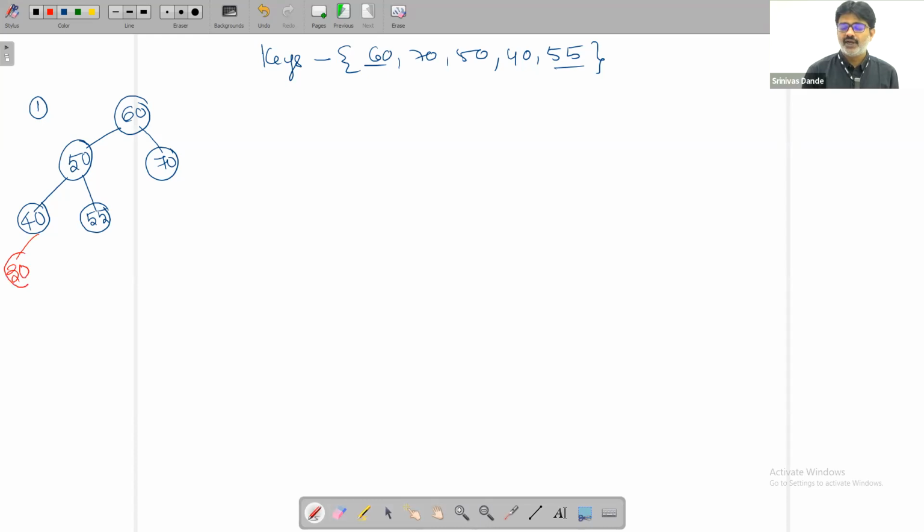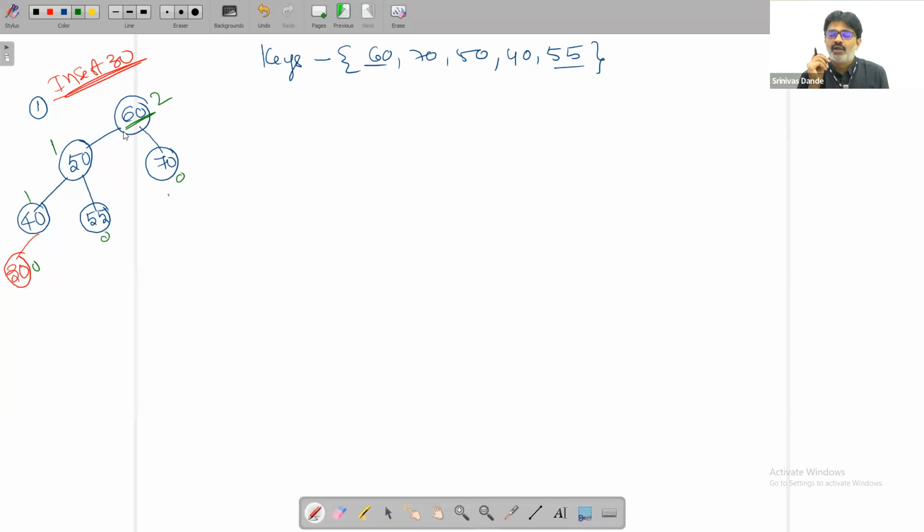Now see, whenever I insert 30, which comes as the left of this, the tree becomes unbalanced, right? If you see the balance factors, this is 0, this is 0, this is 0, this is 1 minus 0 is 1, this is 2 minus 1 is 1, this is 3 minus 1 is 2. 60 becomes unbalanced. 60 is the unbalanced node because its balance factor is 2.